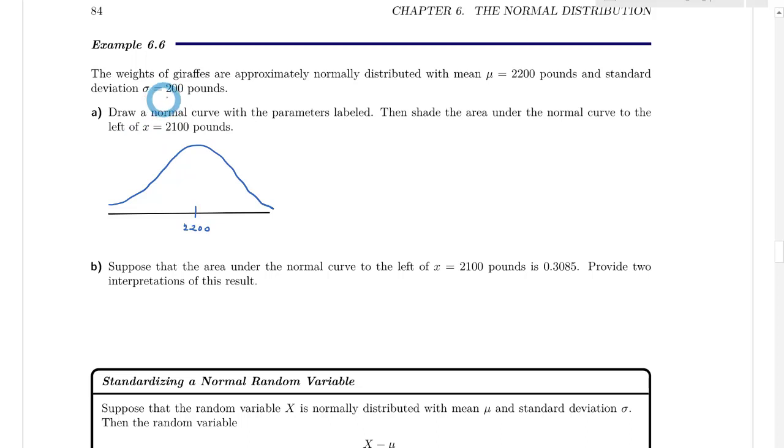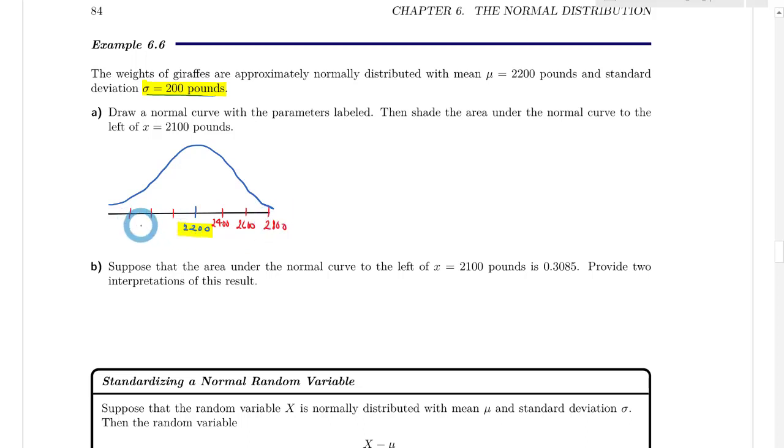Now, since they give us the standard deviation, I'm going to start with 2,200 and make my standard deviation marks to the left and to the right. I know I'm going to have 3 and then 3. So let me add: 2,400, 2,600, and then 2,800.